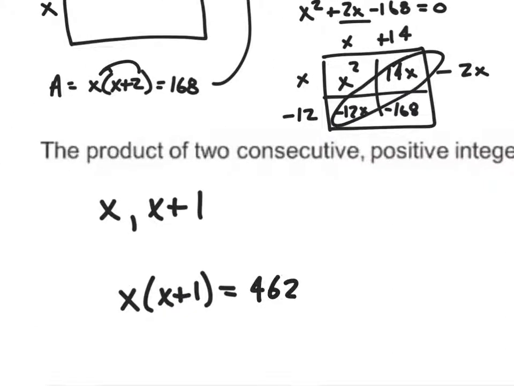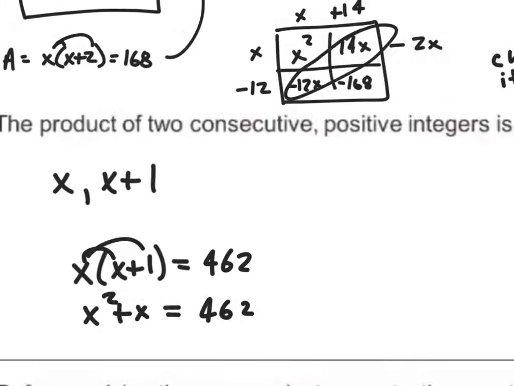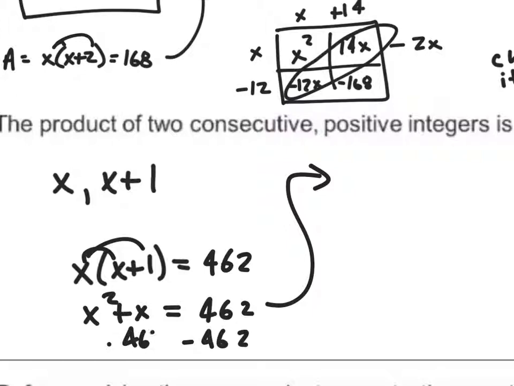Okay, so what I'm going to do is distribute my x, so I get x squared plus x is equal to 462. I'm going to subtract 462 from both sides. So I get x squared plus x minus 462 is equal to 0.